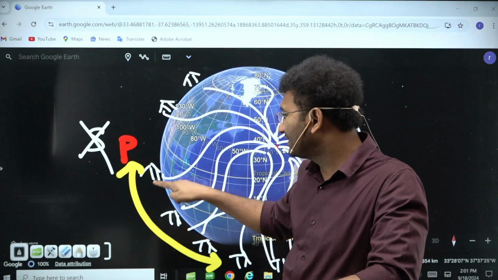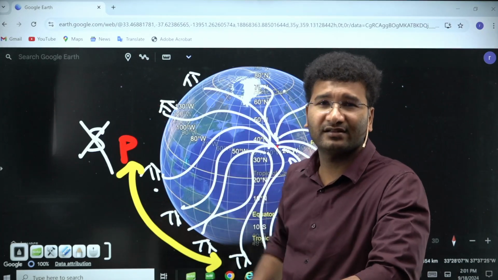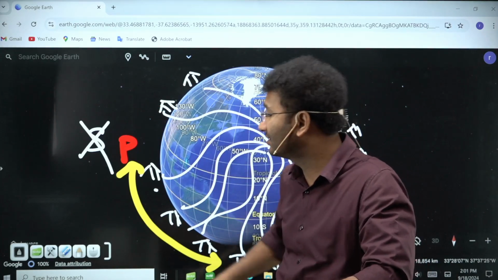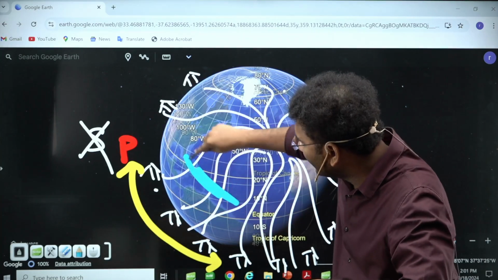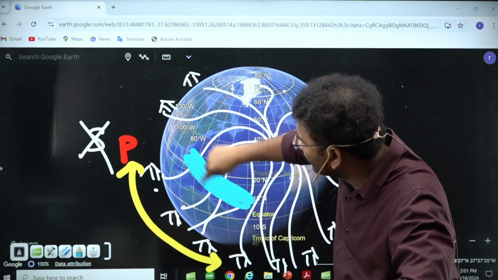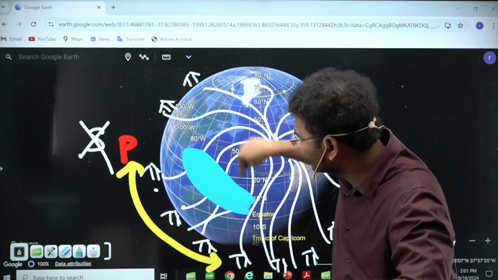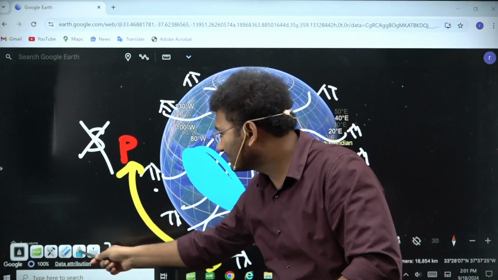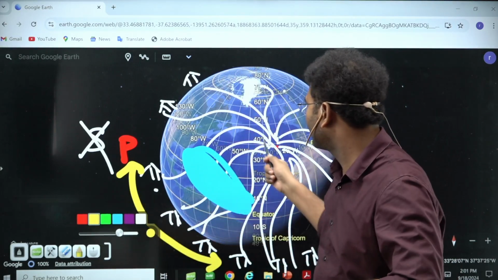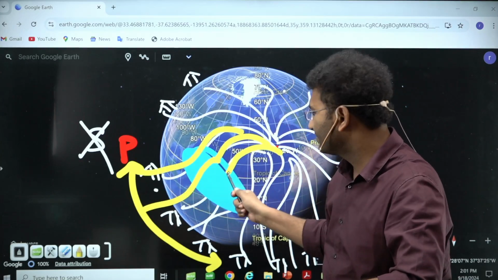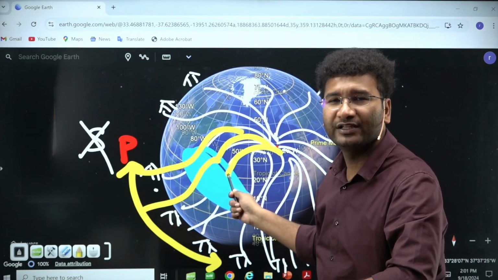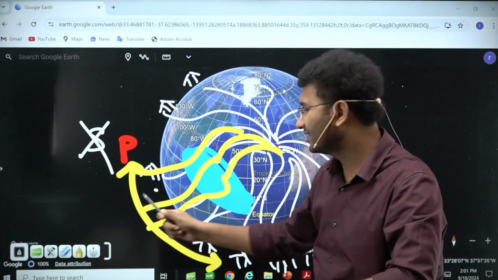If P waves are present in this part of the layer and S waves are absent in that layer, it's an indication that somewhere here there could have been a liquid layer, right? And these P waves, whenever they are moving through a liquid layer, always change their direction.